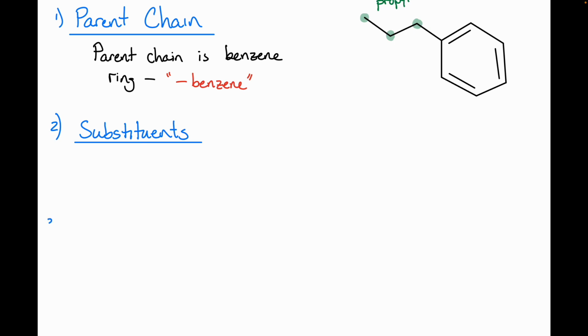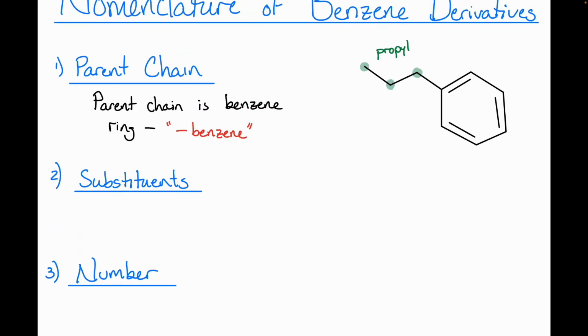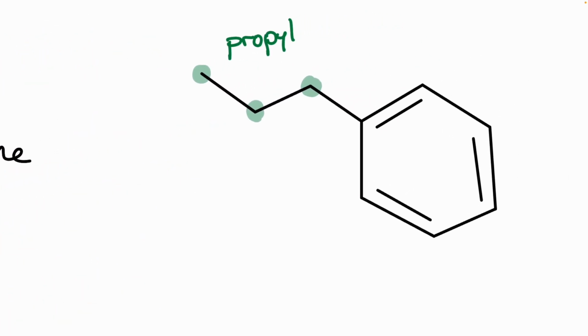Okay. Now we're going to number our parent chain. But we get real lazy in chemistry, okay? If we only have one substituent on there, what carbon is it going to be on that parent chain? That's going to be carbon 1.